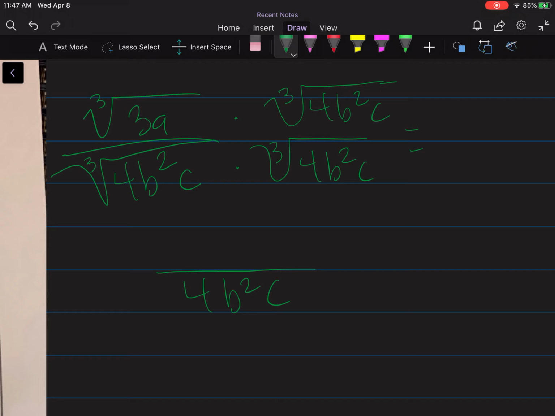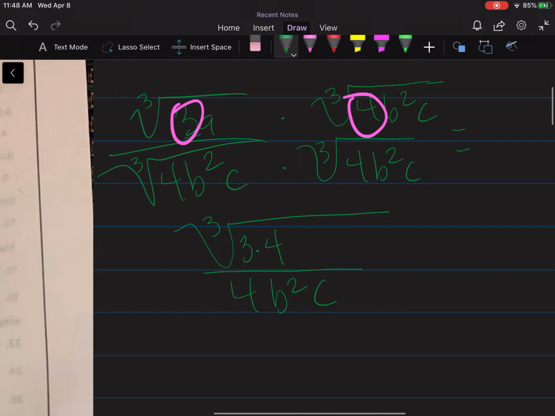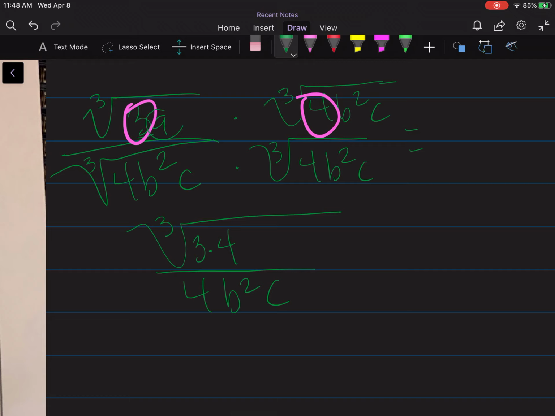And at the top, we have this 3 and this 4 to deal with, so 3 times 4. And then we have this a right here, so we times a, then we have the b squared times b squared, then we have the c times c.